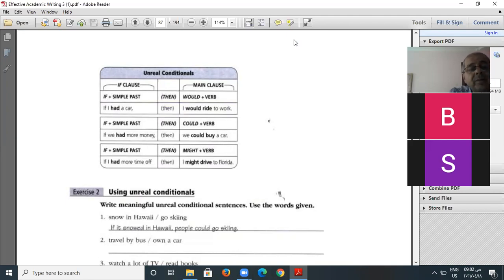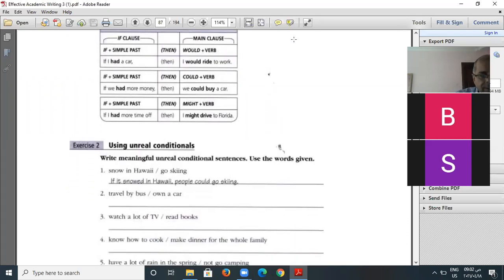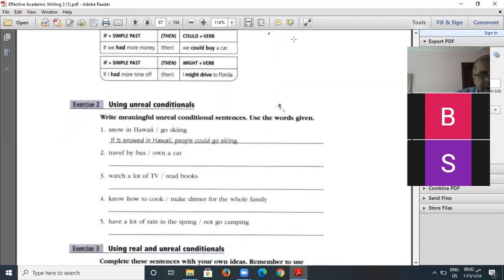You see the comma here after these three examples. If I had a car, if we had more money, and if I had more time off. فيه هون comma. Okay. This is what we call unreal conditions. Any question about unreal conditionals? Okay. Now exercise 2.